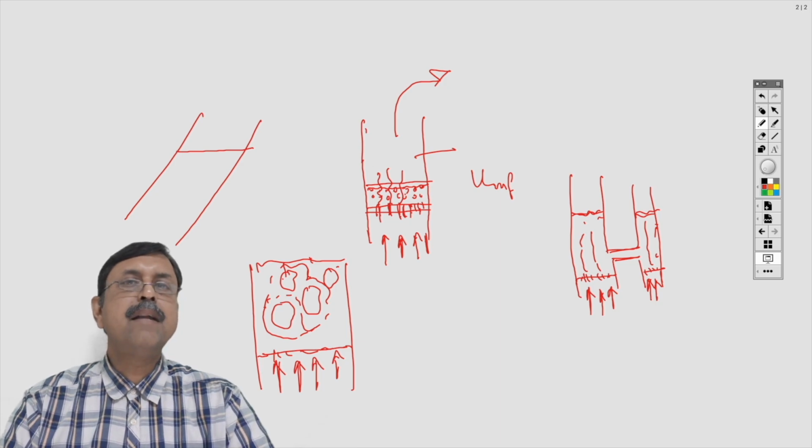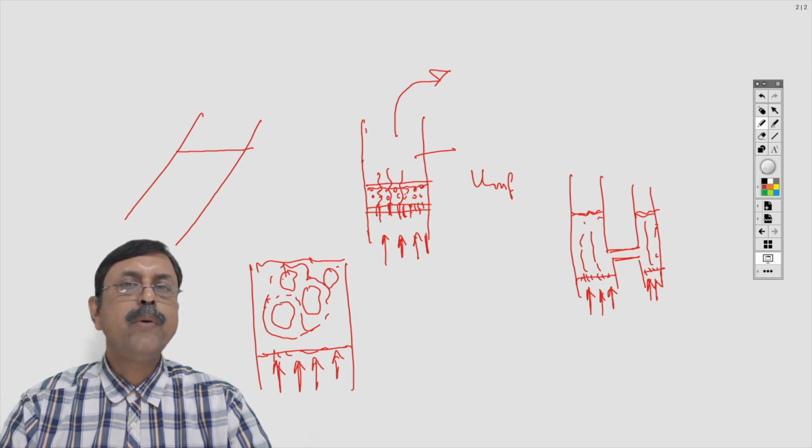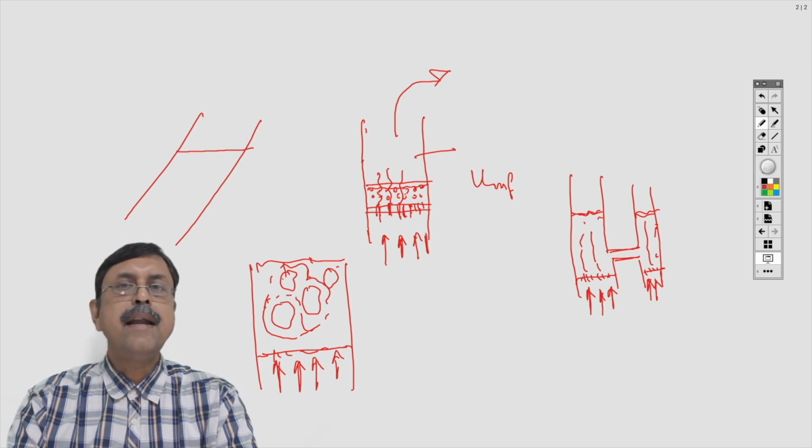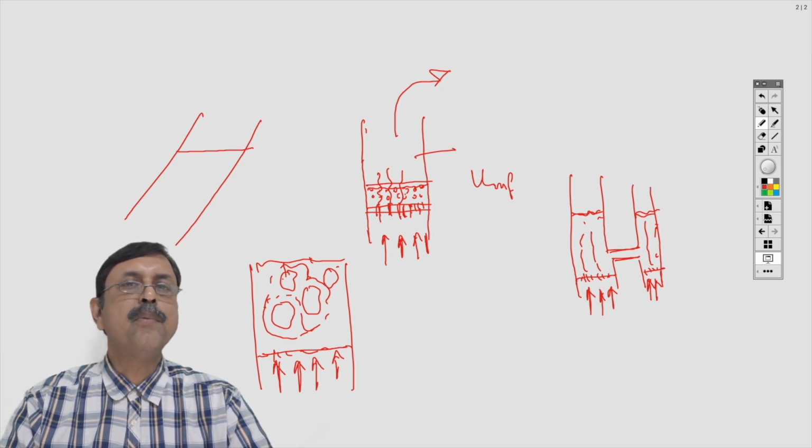Now, as I said before, during the fluidization, the entire surface area of all the particles will be exposed to the gas. And that's exactly what is needed for the fluidization operation.